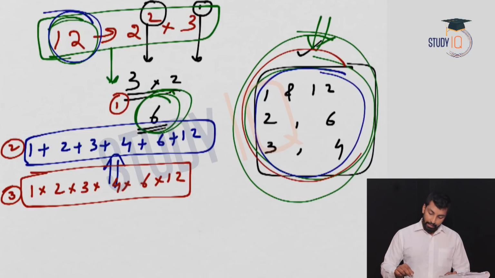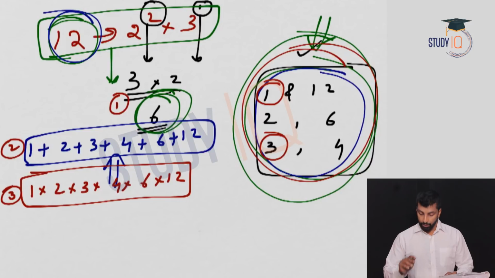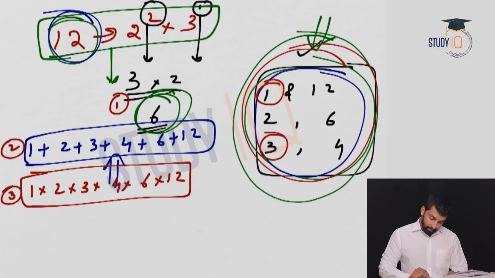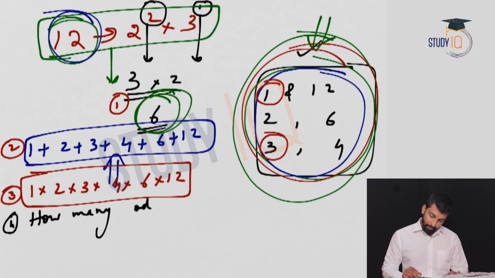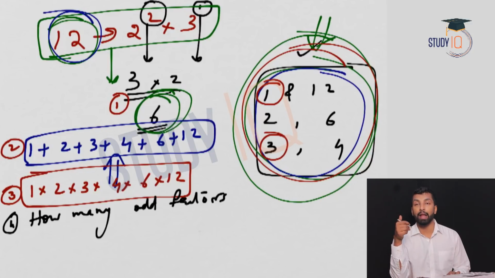Just by looking at these 6 factors, think of other possible questions. See, if you look here, 1 and 3 are odd numbers. So out of 6 factors, how many odd factors are there? So the fourth question I can make is, how many odd factors are there? If I can ask you the number of factors, that is 6, I can ask you how many odd factors are there, right? We will give you a method for that also.